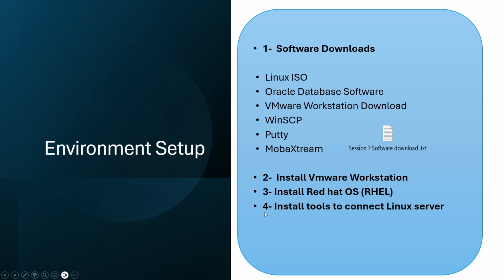The fourth one is installing the tools to connect to the Linux server: WinSCP, Putty, and MobaXterm. Today we will do that, and I will show you how to install the Linux machine on top of your VMware.